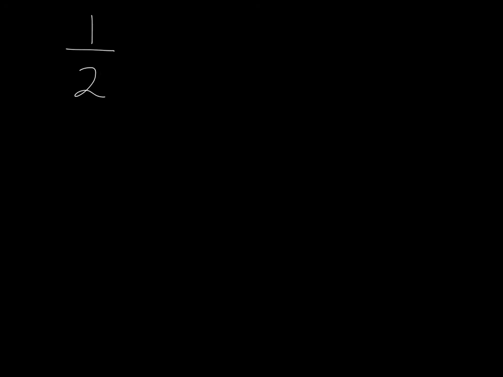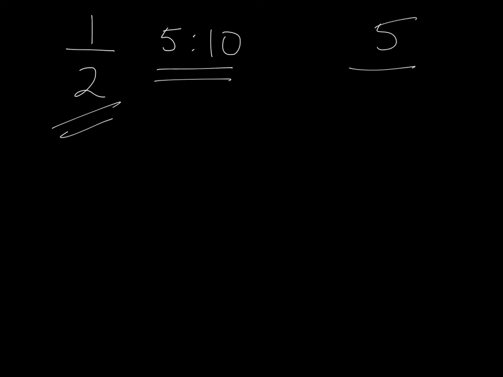As a ratio, we can express it as 5 out of 10, 5 to 10. And you might think, well, okay, how come as a fraction it's expressed like this, but as a ratio it's expressed like this? Well, if you have the ratio 5 to 10, you can express it as a fraction like this, but sometimes the questions will want you to put things in lowest terms, so you reduce it.